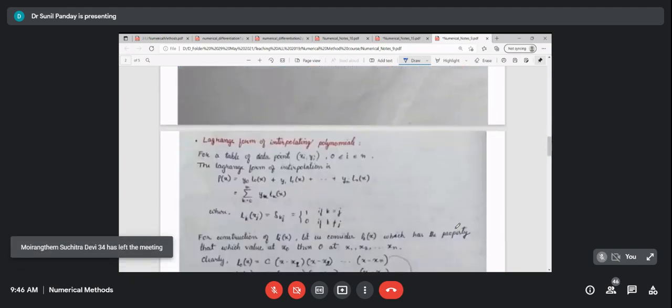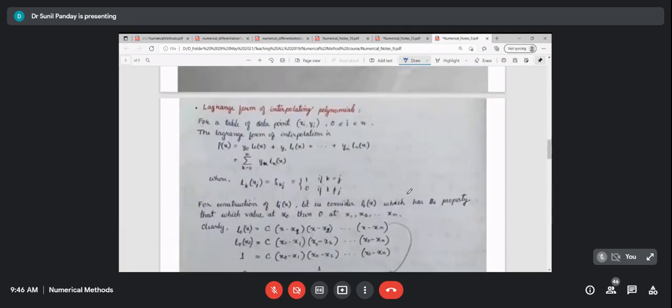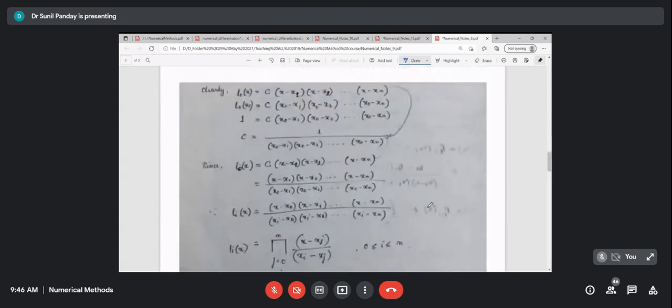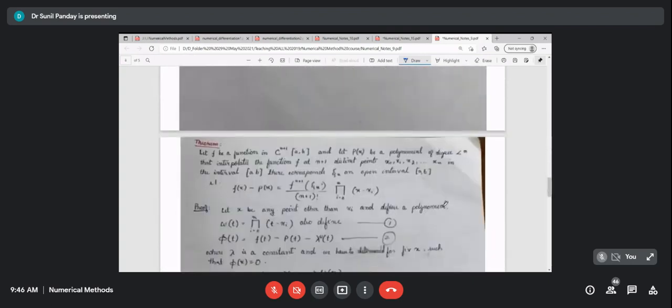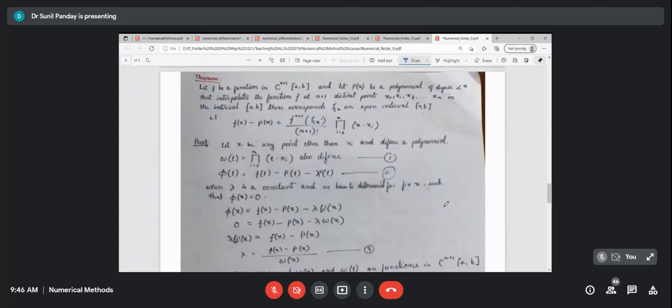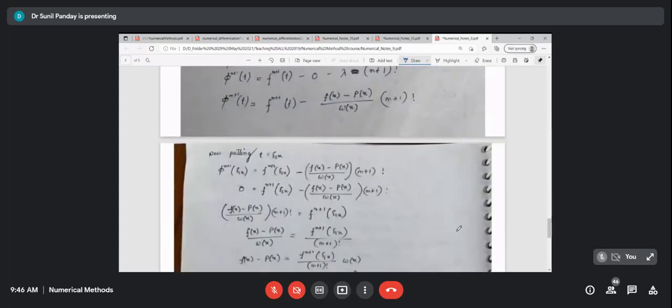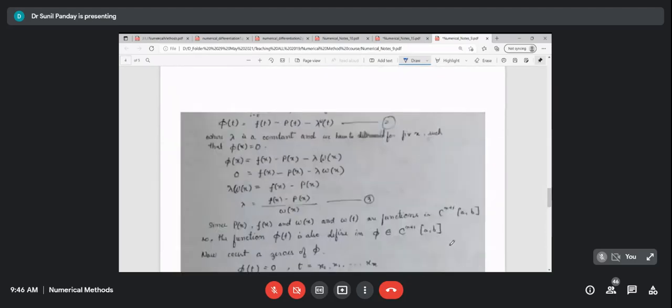So this is the theorem. And then we have Lagrange interpolation. This formula I think we have already discussed. Then this is the error theorem, which I will take up in the next class.